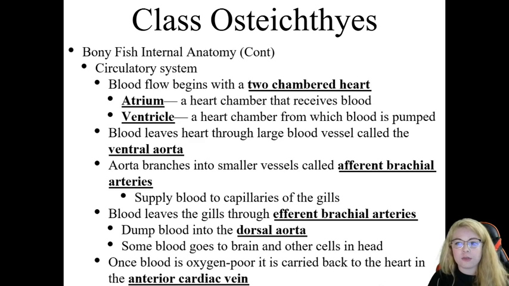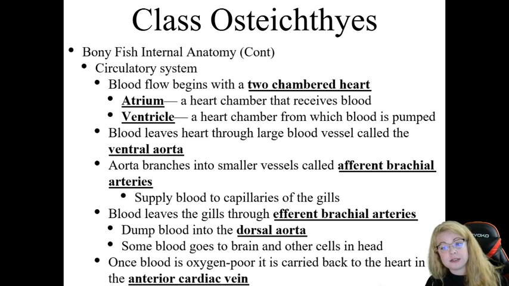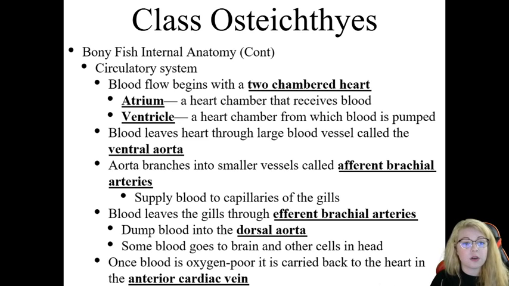Blood leaves the heart through a large blood vessel called the ventral aorta, and the aorta branches into many smaller vessels called afferent branchial arteries, which supply blood to the capillaries in the gills where this is all occurring. Blood will leave the gills through the efferent branchial arteries and dump blood into what's called the dorsal aorta.